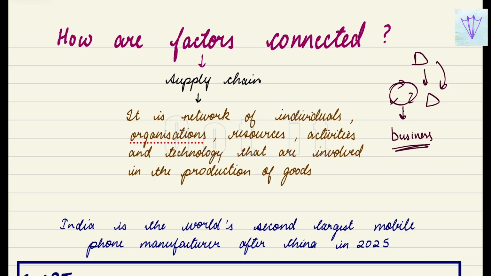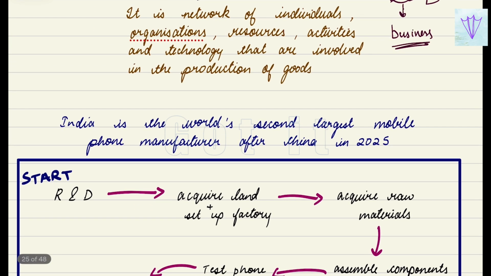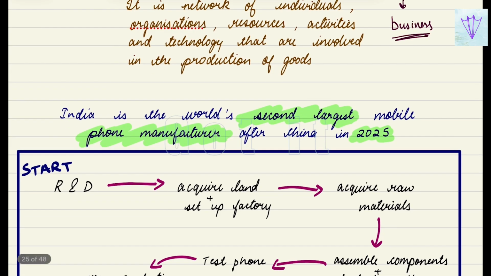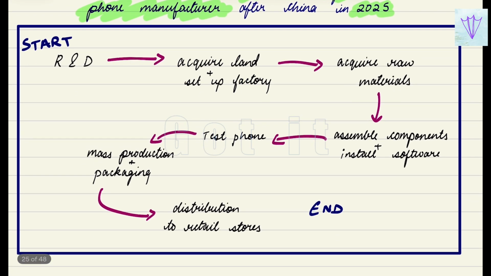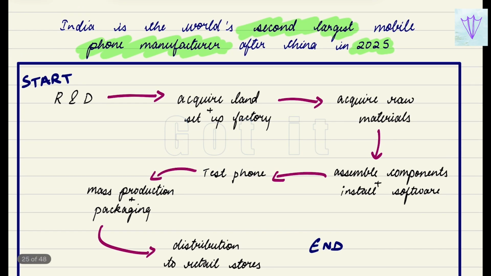It's important to remember that India is the world's second largest mobile phone manufacturer after China, as of 2005. Suppose you wanted to manufacture a phone.